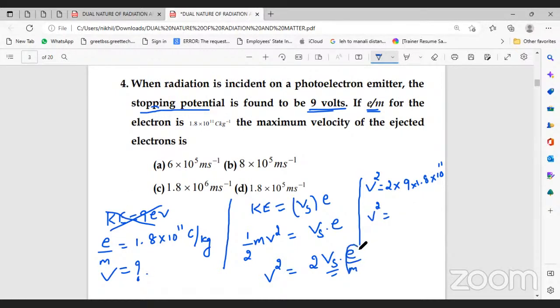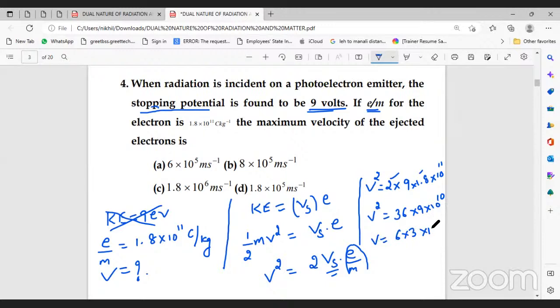Root of, do one thing. What is 2 into 1.8? 3.6. I will take that 3.6 as 36, so it becomes 10 power 10. What is V then?